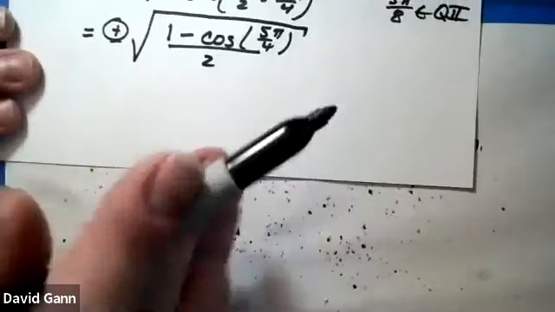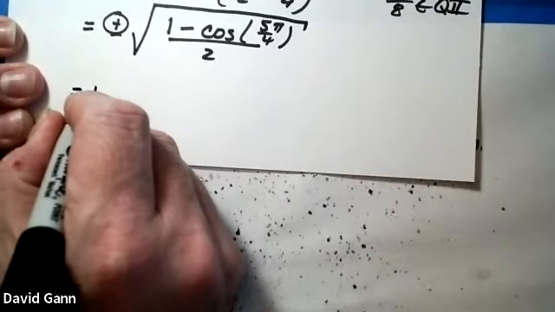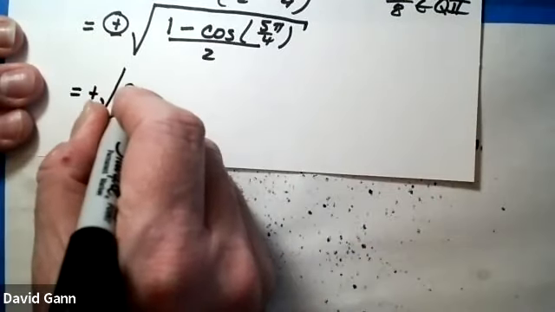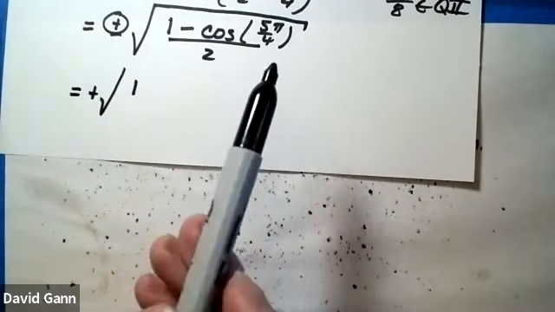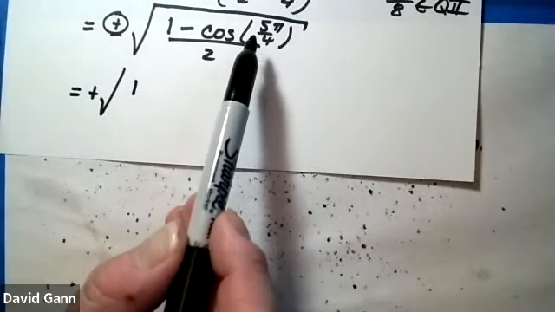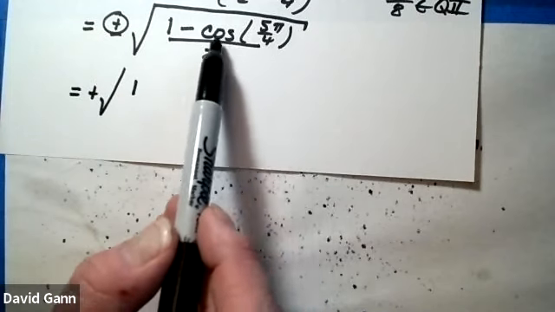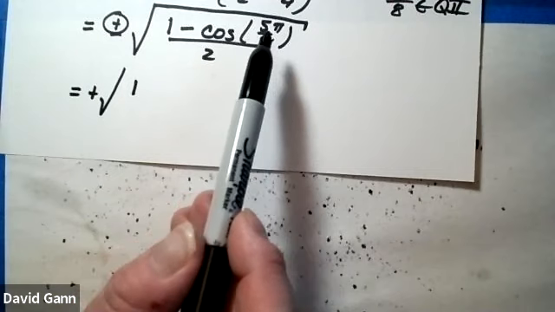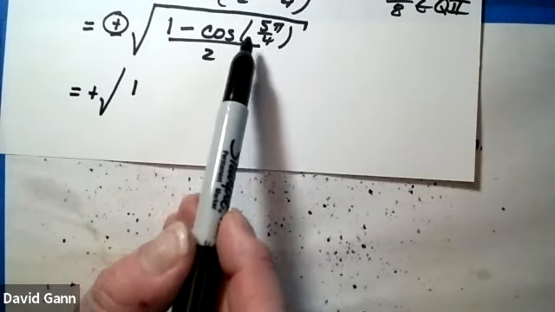So let's do that. We've got the positive branch of the square root of 1 minus cosine of 5 pi over 4. It may take you just a second. That's in quadrant 3, so it's got a negative sign, and its reference angle is 45 degrees or pi over 4. So the value will be square root of 2 over 2.